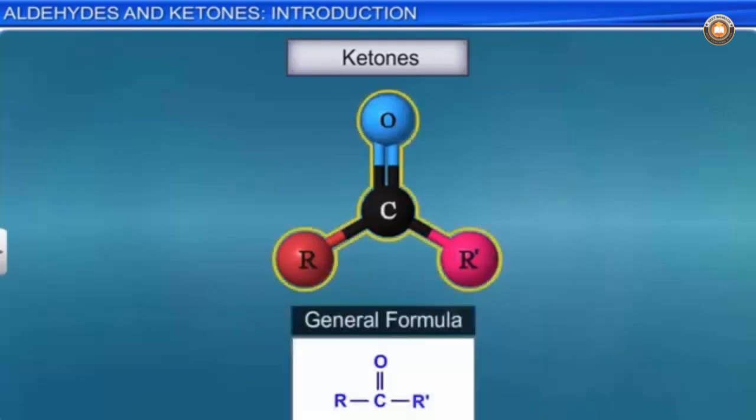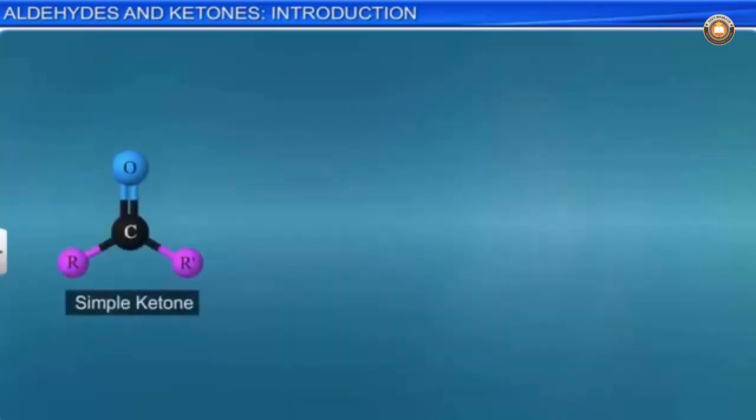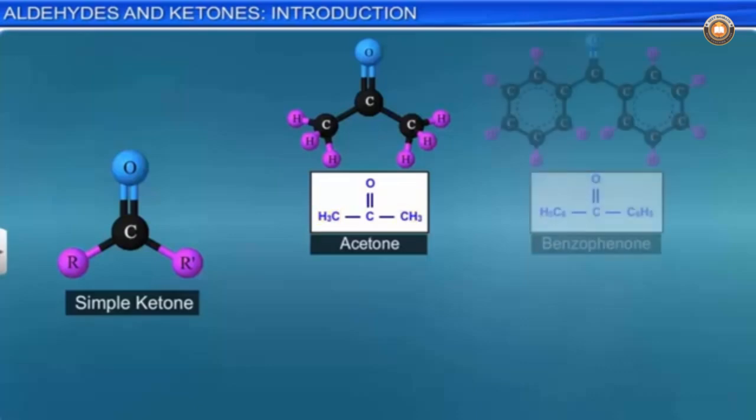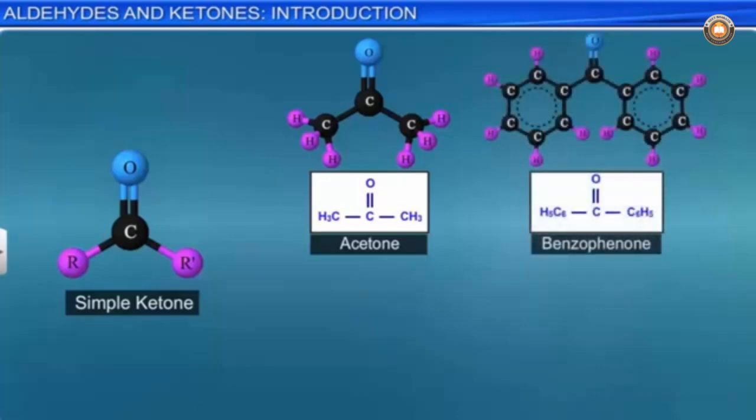For example, acetone represents a simple ketone where both R and R' are the same. That is, CH3. Benzophenone, where both R and R' are C6H5, also represents a simple ketone.